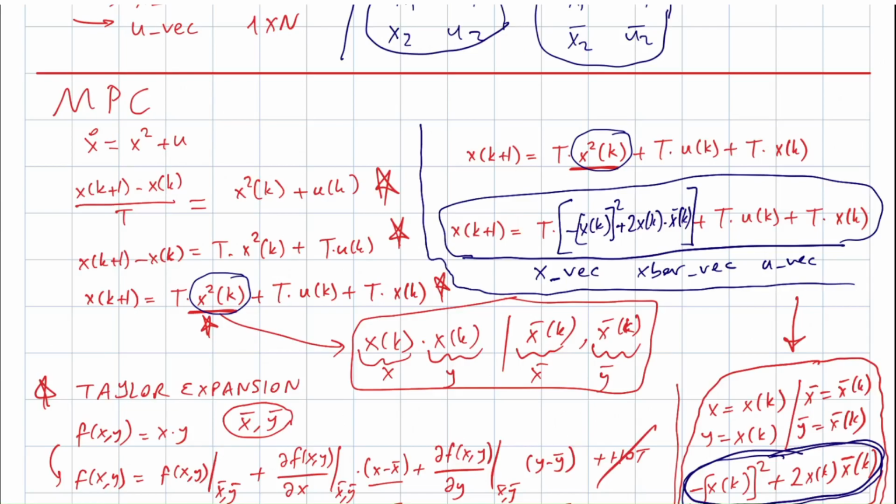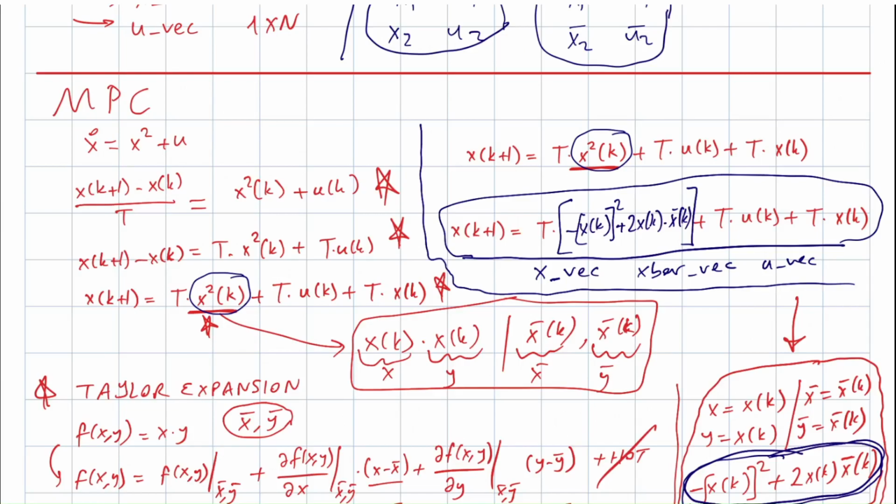The only terms where u appears are in an affine manner. So we don't have any nonlinear term that has u in it, and that's why we also don't have u bar rec. We don't need to define that, right?